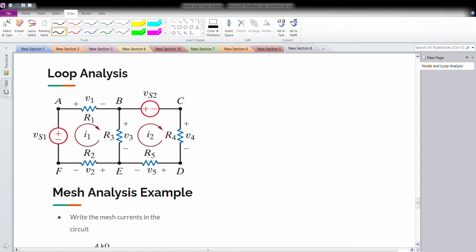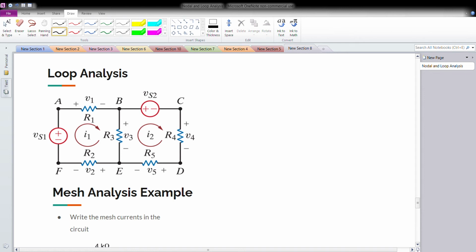Okay, so let's say we have this circuit and we're trying to find the current going in either of the loops. We define both of them as clockwise. Yes, they're clockwise. So now let's write our KVL. Remember, in nodal analysis, we always do KCL. In loop analysis, we always do KVL, right?